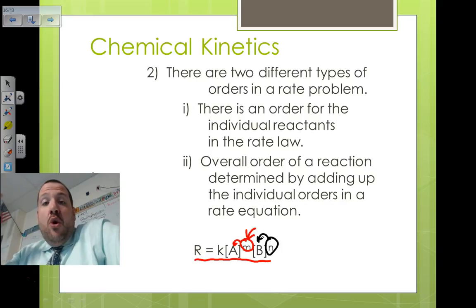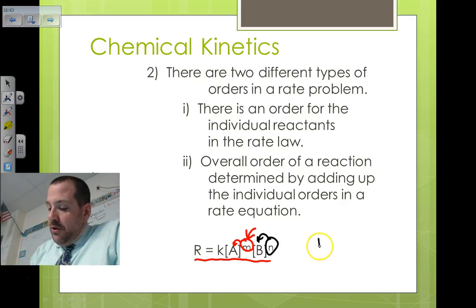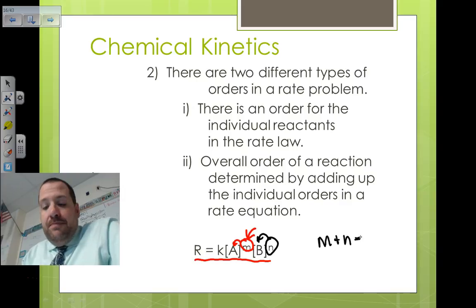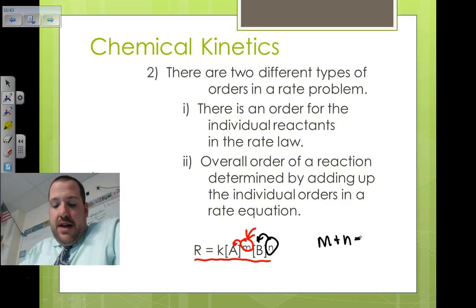And then you can find the overall order. The overall order is M plus N. It's just these two powers added together. Okay, and that's really what the orders are.